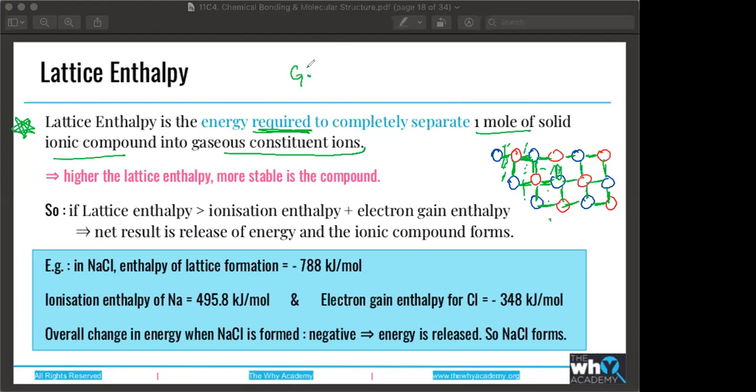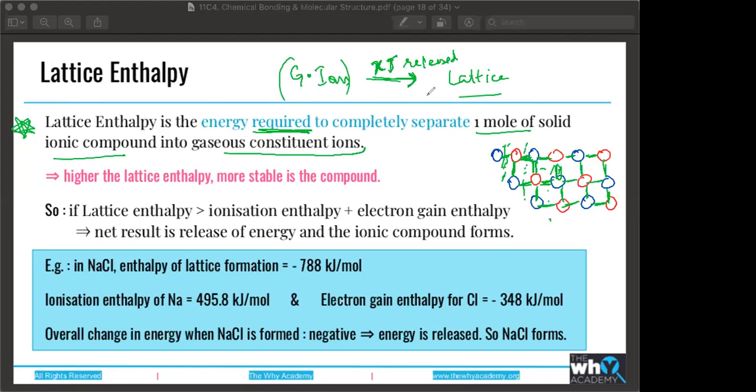Yeah. So you have gaseous ions forming a lattice. If X joules are released in this process, meaning gaseous ions have X joules extra energy compared to the lattice. That is why when the lattice is being formed, all this extra energy is being released.